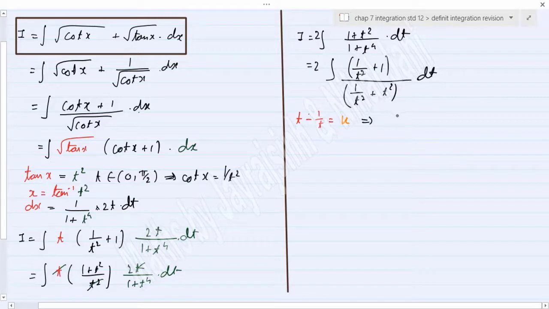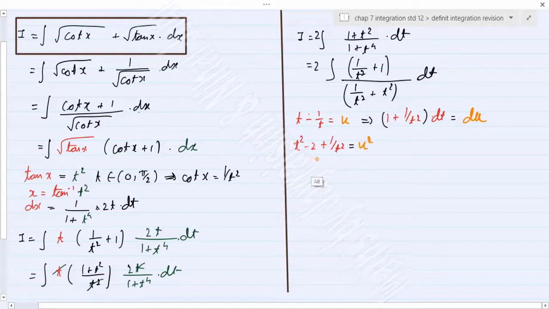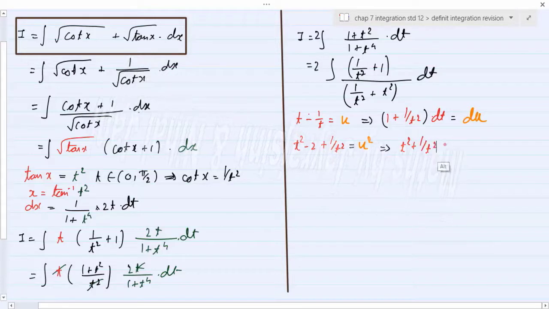So we get 1 plus 1 upon t square, dt is equal to du, and if we square both sides, we will get t square minus 2 plus 1 by t square is equal to u square, or we can say t square plus 1 upon t square is nothing but u square plus 2.